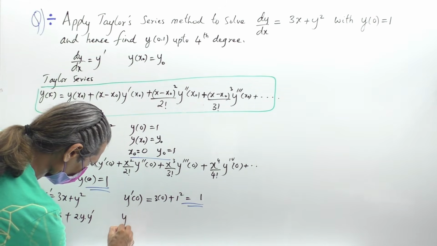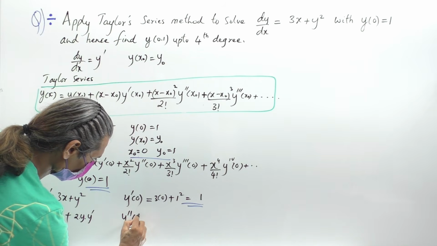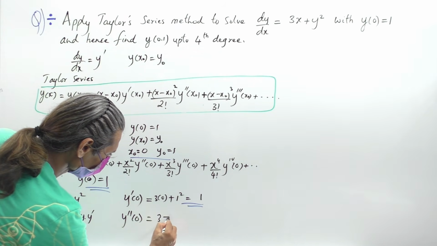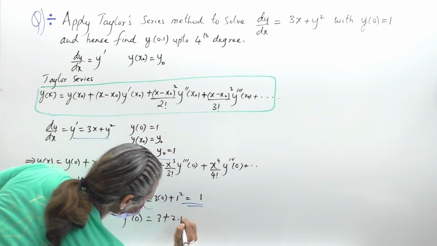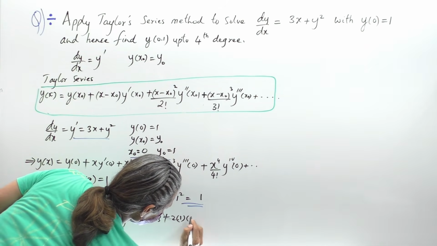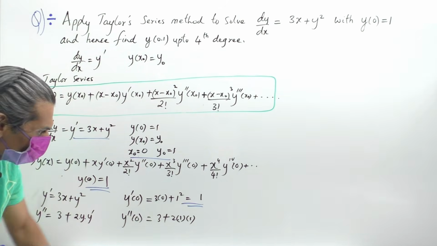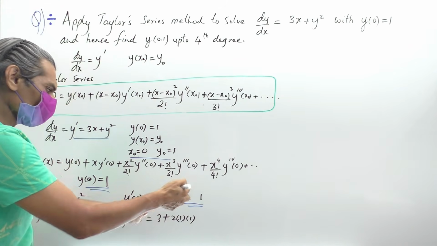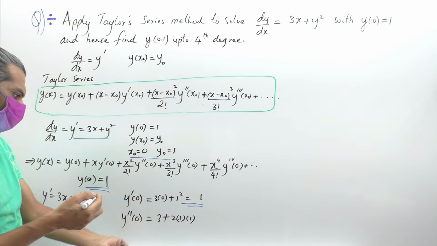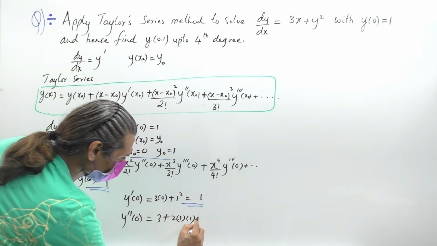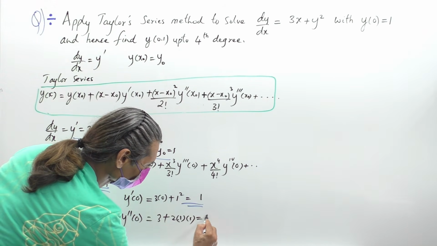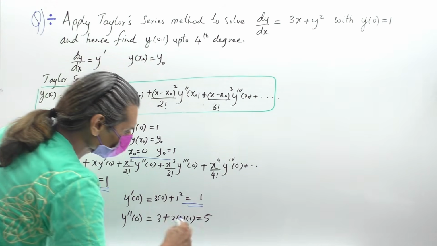So we can write y double dash of 0 is equal to 3 plus 2 into, what is y? See y of 0 is 1, as I told you earlier, into 1 into, again what is y dash? Y dash of 0 is 1. So 3 plus 2 is how much? 5. So it is equal to 5. So we have the second value now.